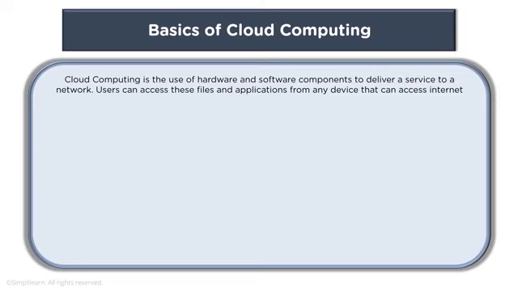Here, users can access files and applications from any device that can access the internet. So cloud computing is basically using services which are hosted on the infrastructure managed by a cloud provider. The resources which can be used may include big data services, storage options, computing options, networking options, and various other services which a cloud provider offers.